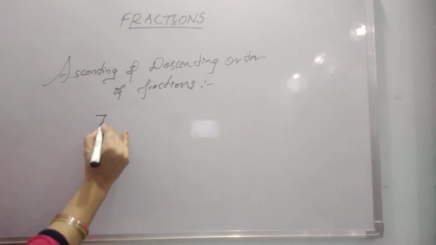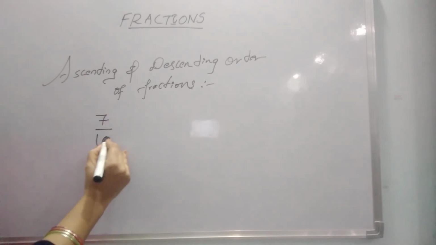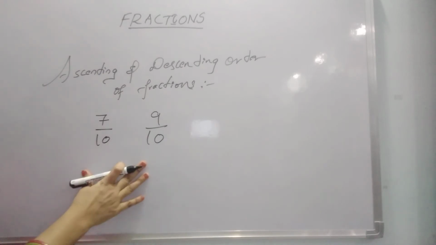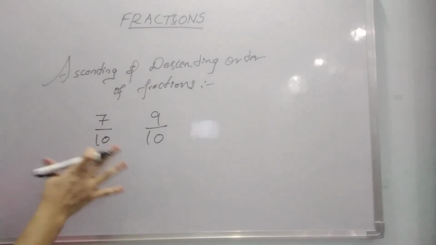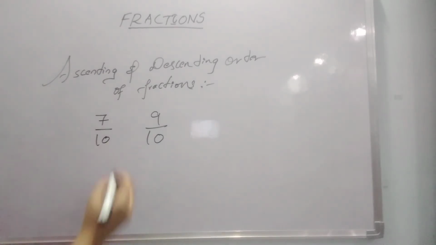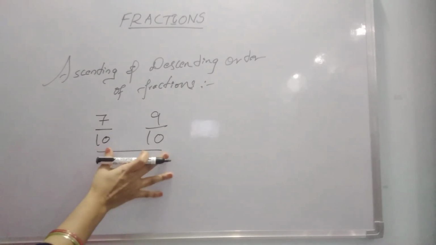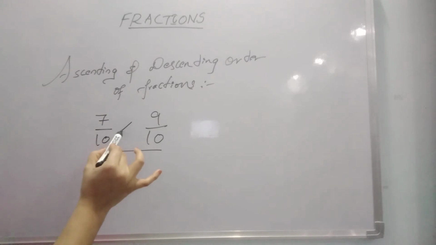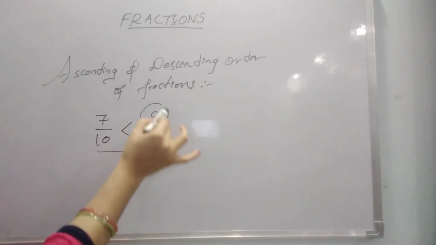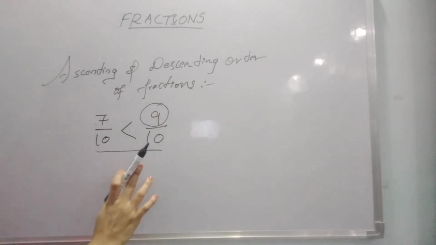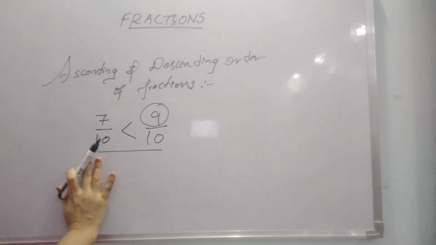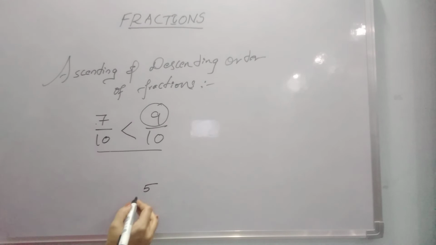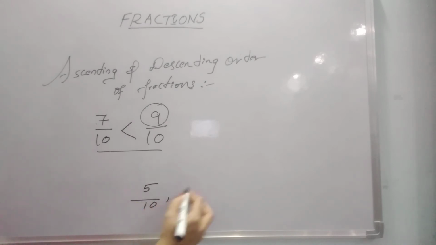We take 7 by 10 and 9 by 10. Which fraction is greater? These are like fractions; denominators are the same. So we can simply say this one is bigger than this one. Like that, 5 by 10 and 3 by 10.